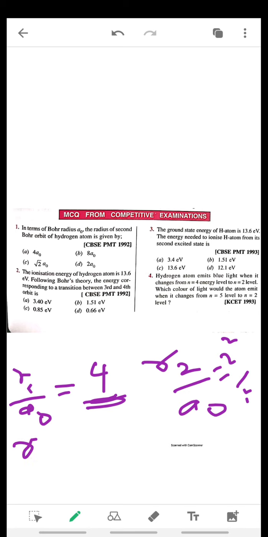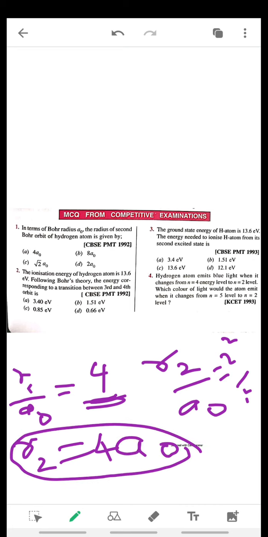This implies R2 equals 4 a naught. Okay, the answer is R2 equals 4 a naught. Now see in the options, the answer is A, because 4 a naught is there. Option is A.